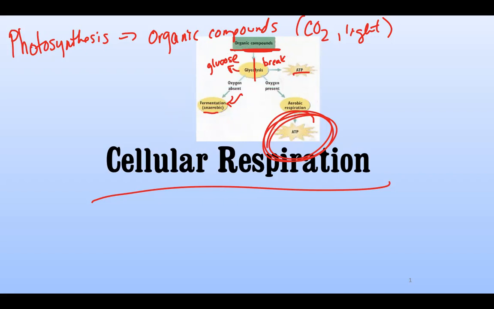So you might think to yourself, then what's the point? If the whole point of cellular respiration is to produce ATP, right? Big picture. And if you don't have any ATP after fermentation, what's the point? The point is basically to keep glycolysis going, but I'll talk about that a bit later.